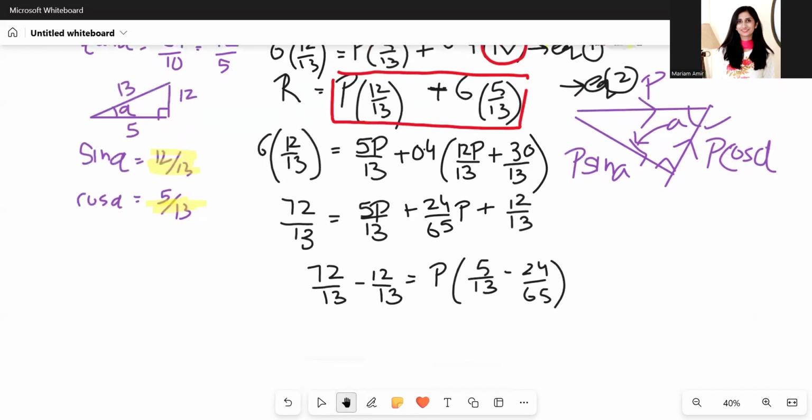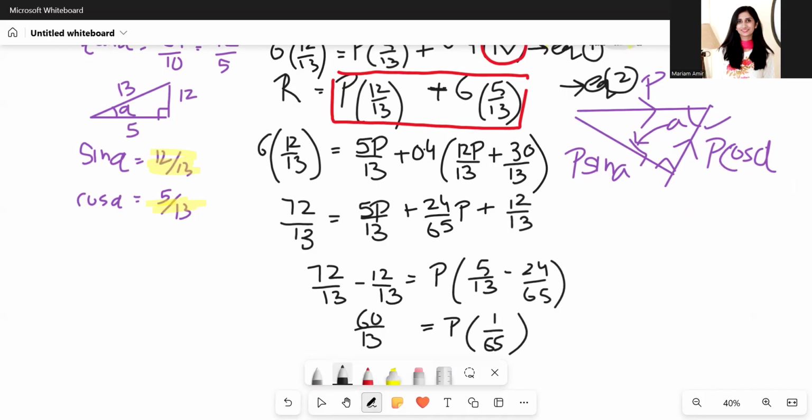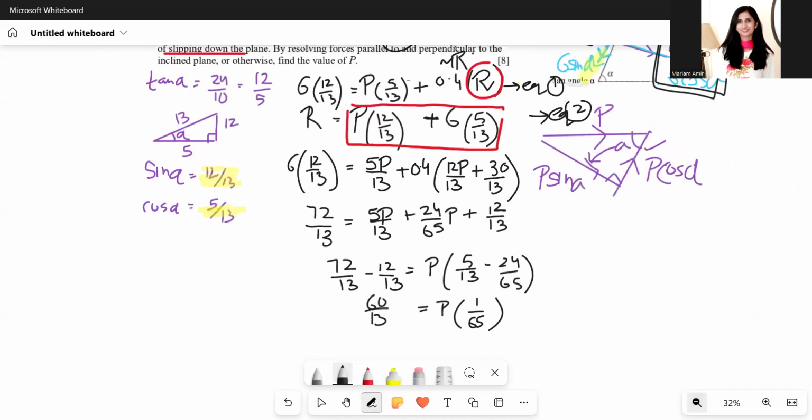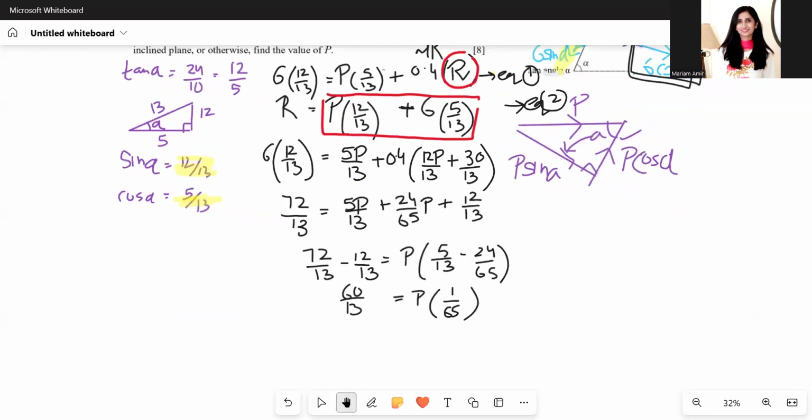So simplify both these fractions, 72 by 13 minus 12 by 13 is 60 by 13, which is equal to P times 5 by 13 minus 24 by 65. I'll be really annoyed if I've messed up the calculation somewhere. Hopefully not. Okay. Now I'm going to take the 65 to the other side, or in other words, multiply by 65 on both sides.